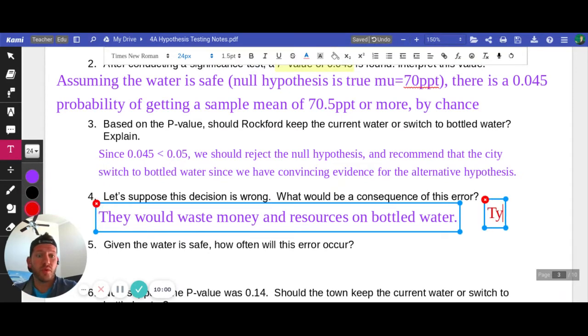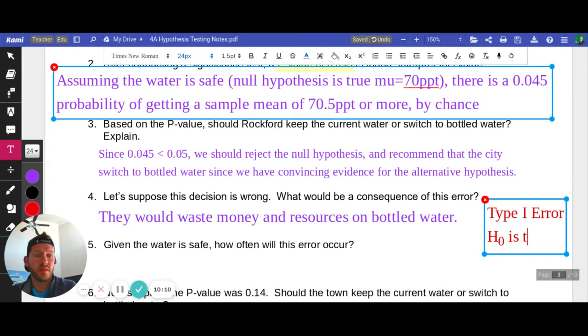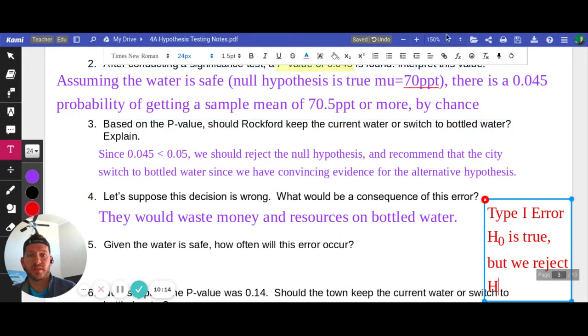This is what we call a type 1 error, where the null hypothesis is true, but we reject the null hypothesis.